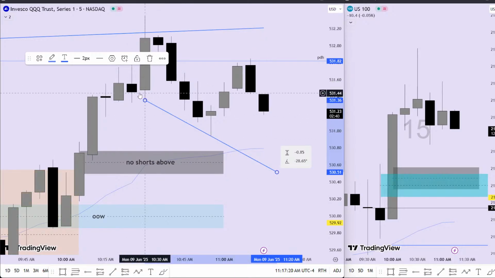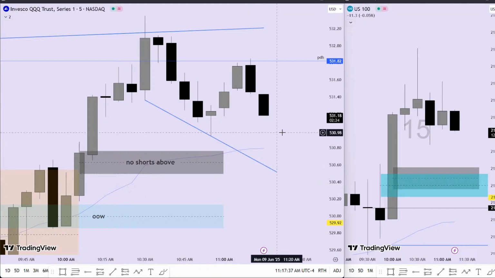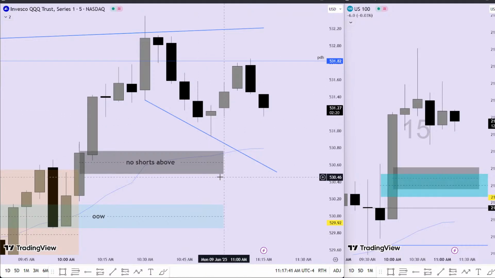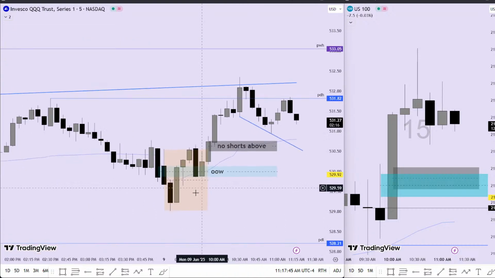You can argue that this is the first leg, second leg, or the third leg, or this can be the first leg or the second leg in a trading range. Also keep this in mind that after 11 o'clock, we have a high and the low.